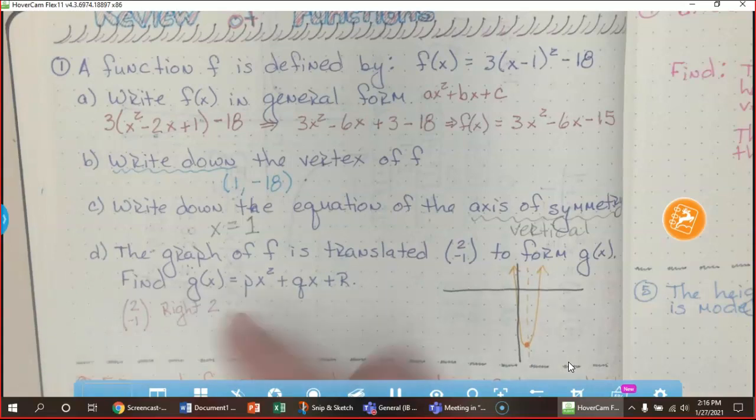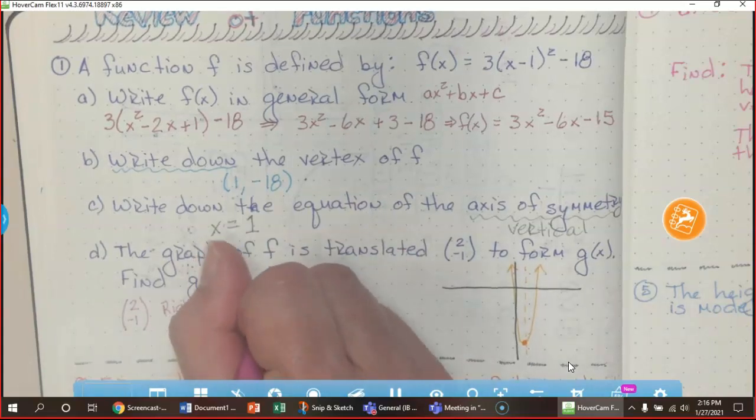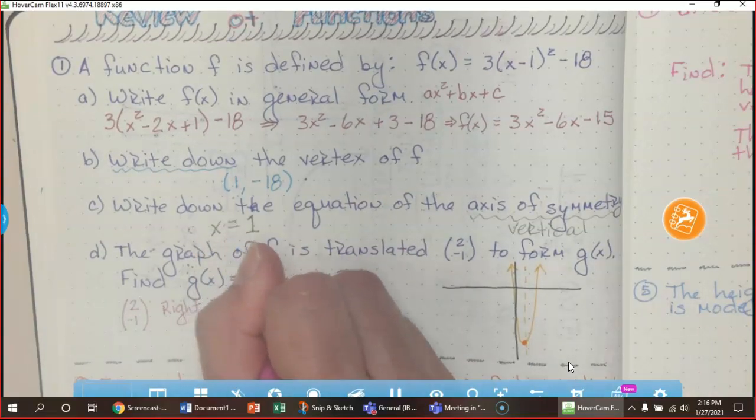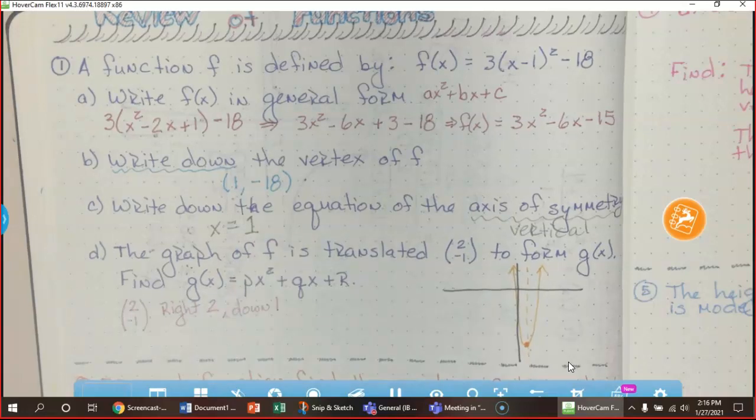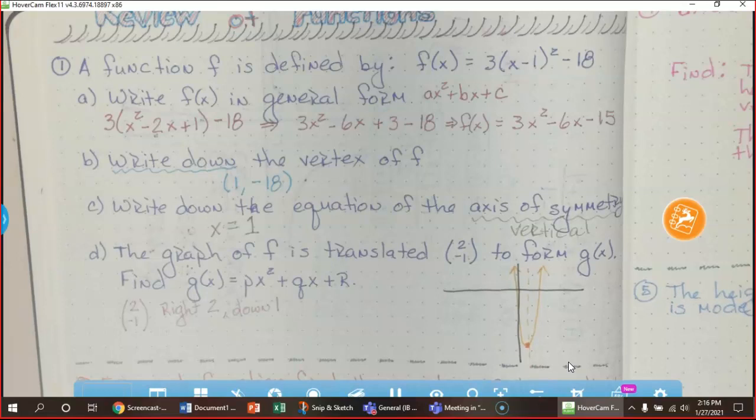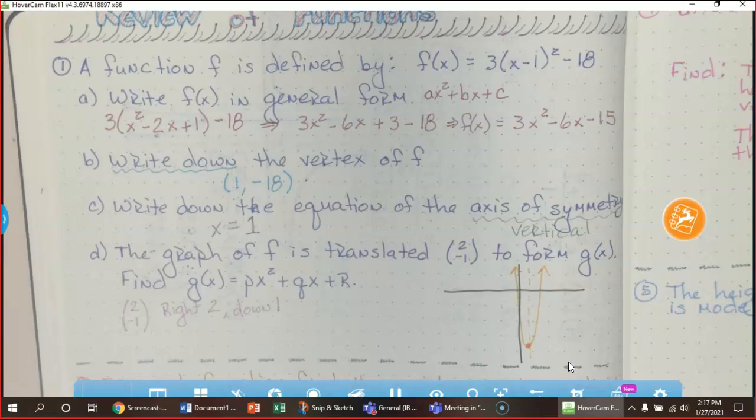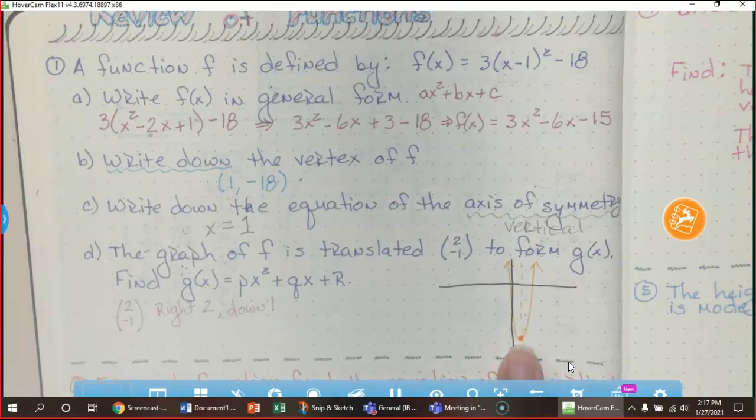That -1 tells me to go down 1 time. Now, if I need to do all of that moving, that means every single point on this graph moves. Every single one of them. If every single point on the graph moves, we know that means the vertex is going to move.